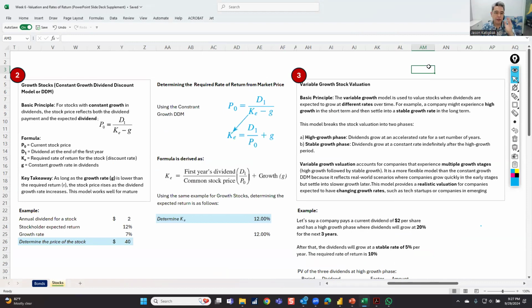If there is growth, then it's rate of return minus growth, K minus G. But if it's multiple growth, then you have a two-stage calculation, like what we did on number 3. And then the other formula that we need to remember is deriving KE by doing D divided by P plus growth. So simple enough, a lot of calculation when you think about it.